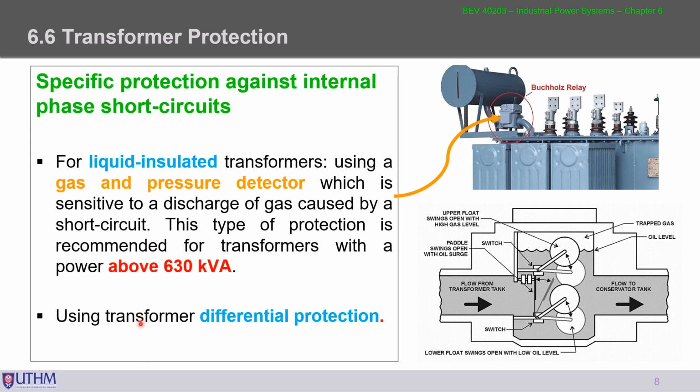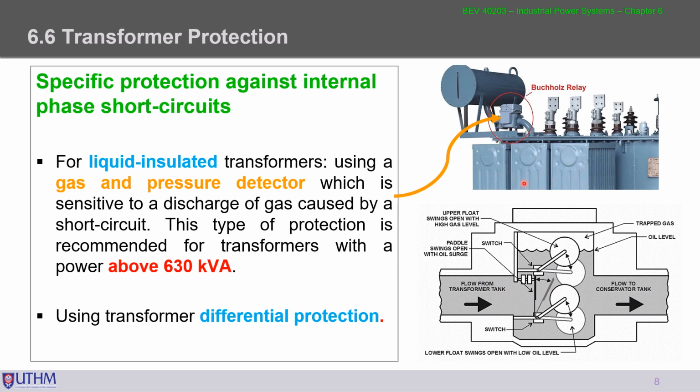Here is the specific protection against internal phase short circuits. This one is for a transformer with liquid insulation, usually oil insulated. This is the transformer tank, which includes the winding of the transformer inside.